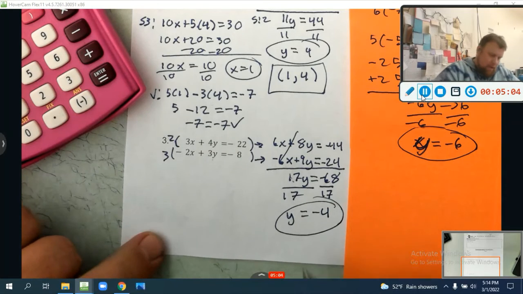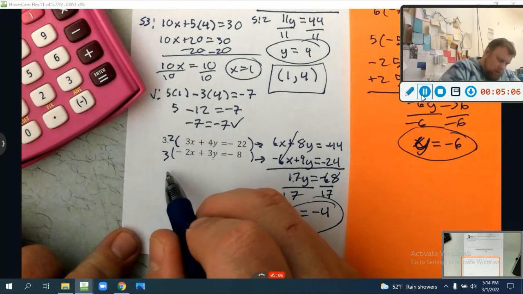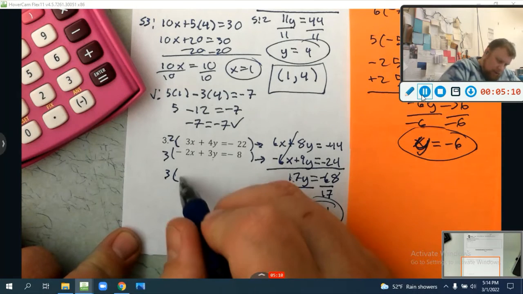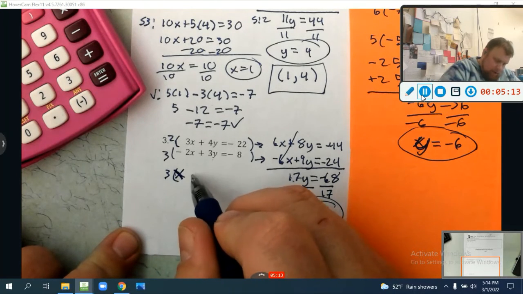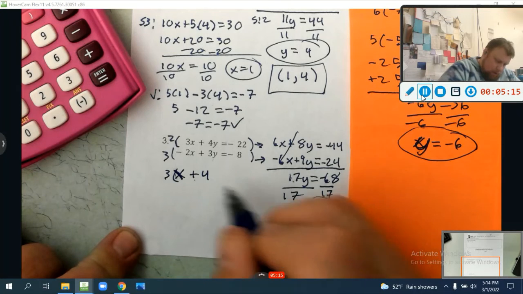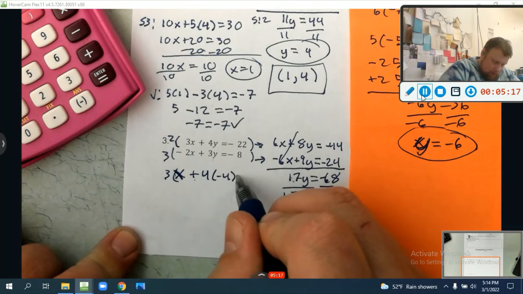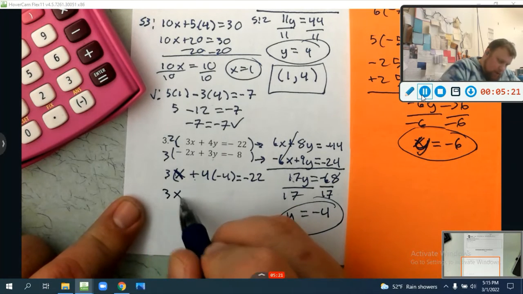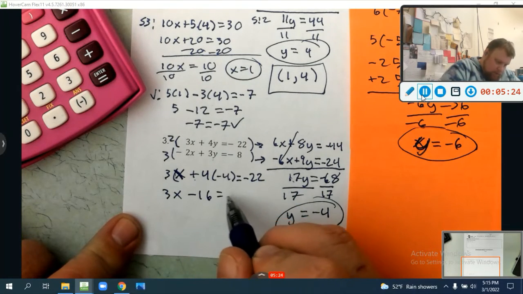Not bad. Well, let's plug it back into the top equation. 3, it's just times x, I forgot to solve for y, plus 4 times our y value of negative 4 equals negative 22. So 3x minus 16 equals negative 22.